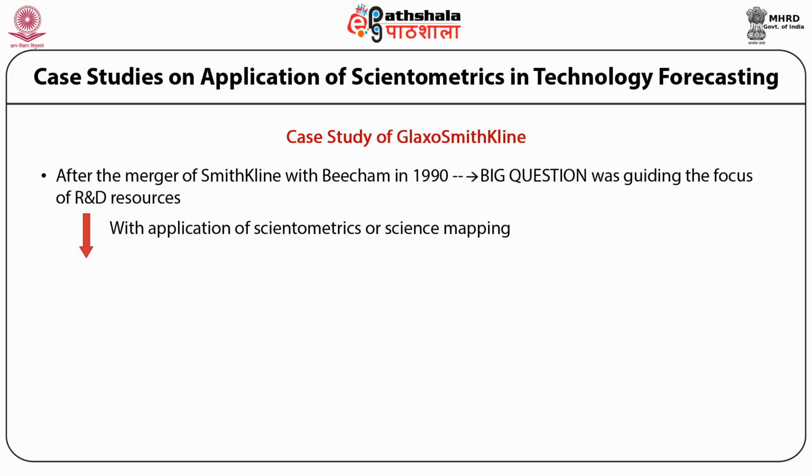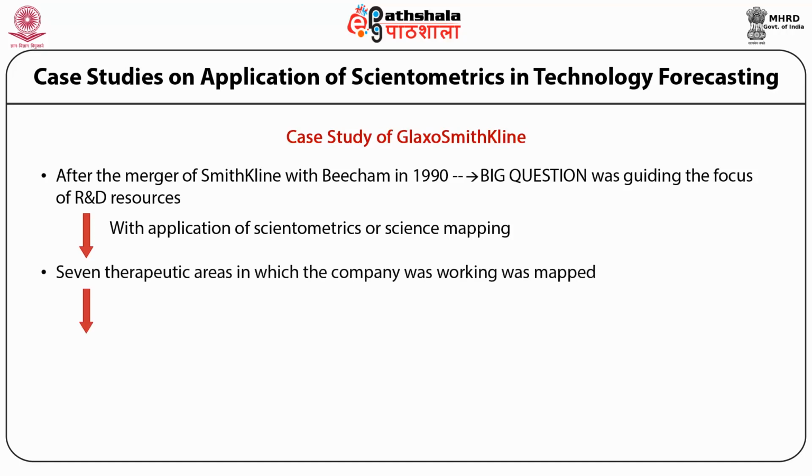The two companies together had been working in 7 therapeutic areas. The big question was which of the areas had to be supported further, and which of the areas had poor research activity linking to the company's products.